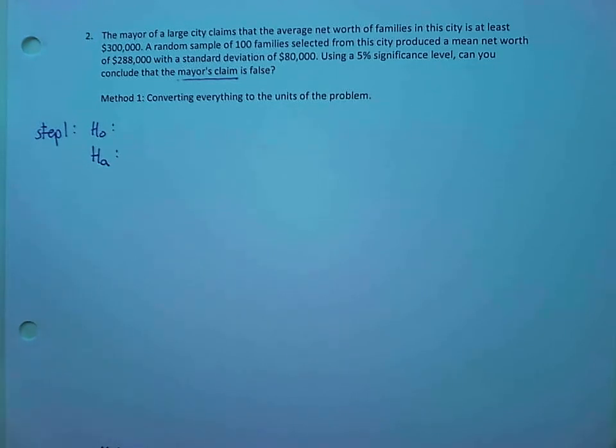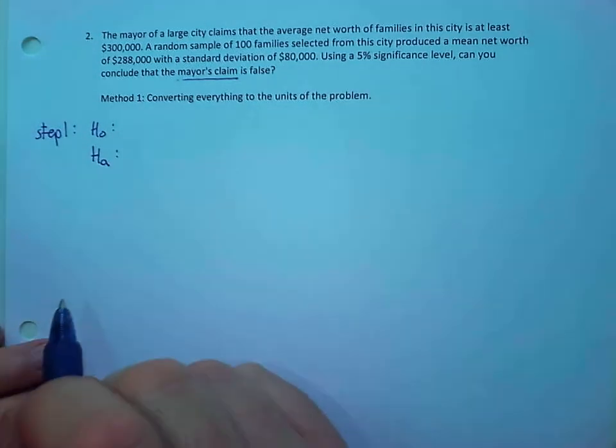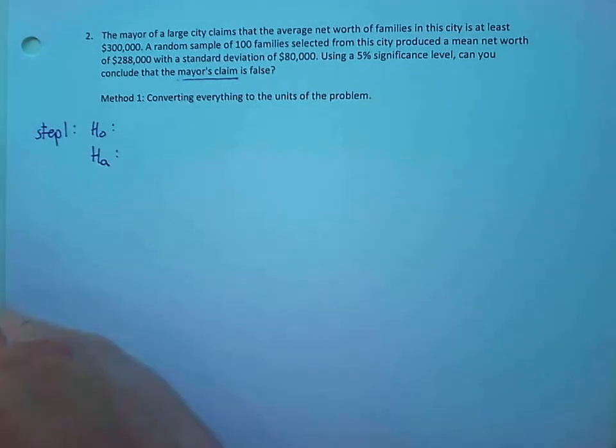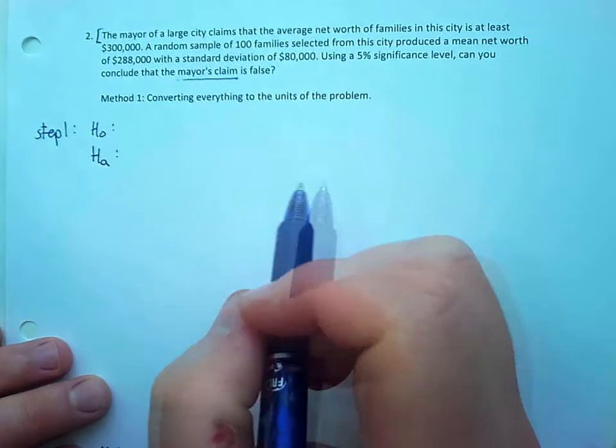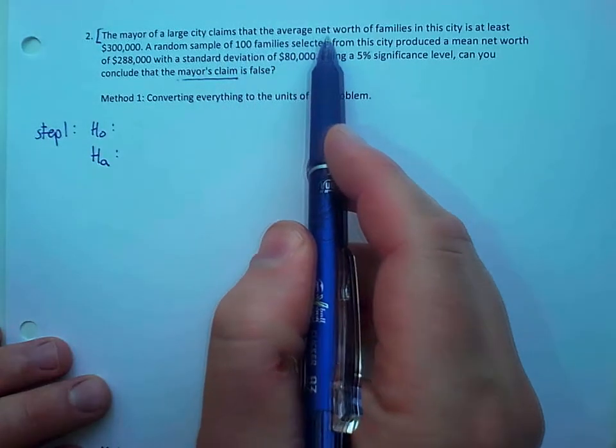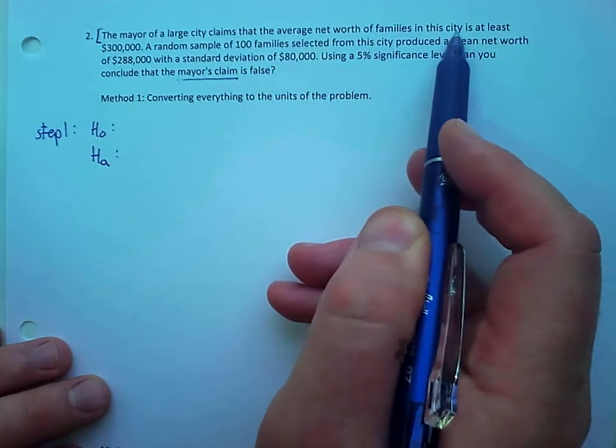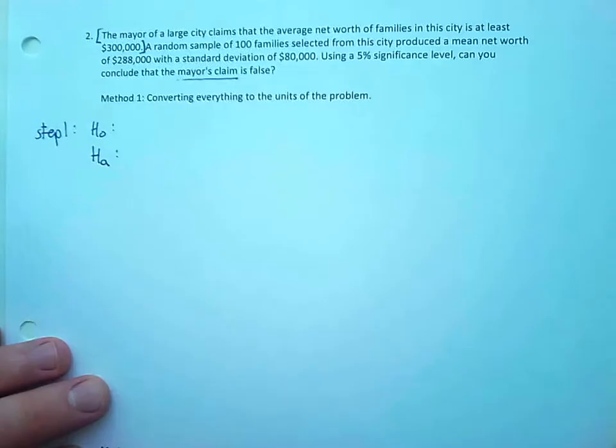So for step number 1, for writing down the null and the alternative hypothesis, how do we write those down? We always start off with those 3 questions. The first of those 3 questions is: is there a statement which contains equality? If we read this here, the answer to that question is yes, because the mayor of a large city claims that the average net worth of families in the city is at least $300,000.